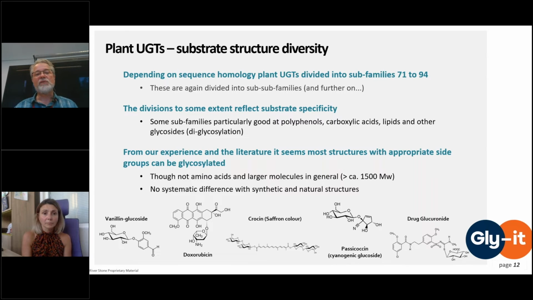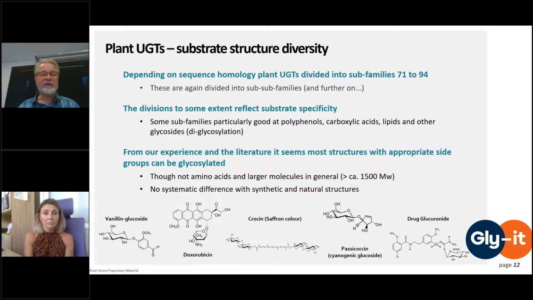These divisions, to a limited extent, reflect substrate specificity. So in a few subfamilies, you see that these enzymes are most often good at certain chemical groups, such as polyphenols, carboxylic acids, lipids, or other glycosides, so doing di-glycosylation, putting sugar onto sugar. But most often you cannot really predict what happens.